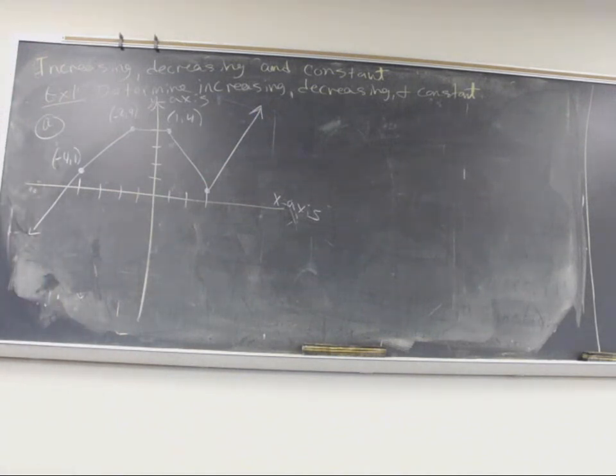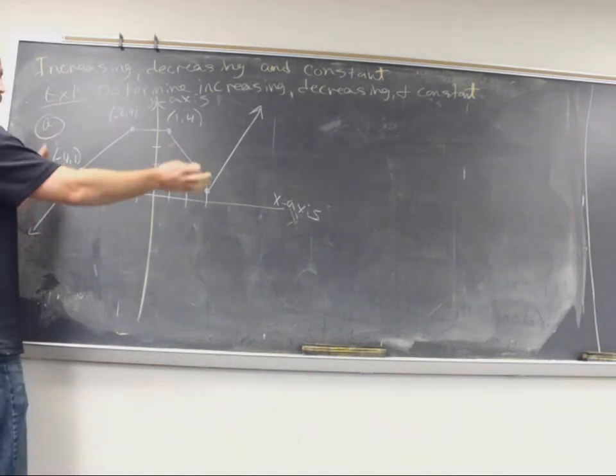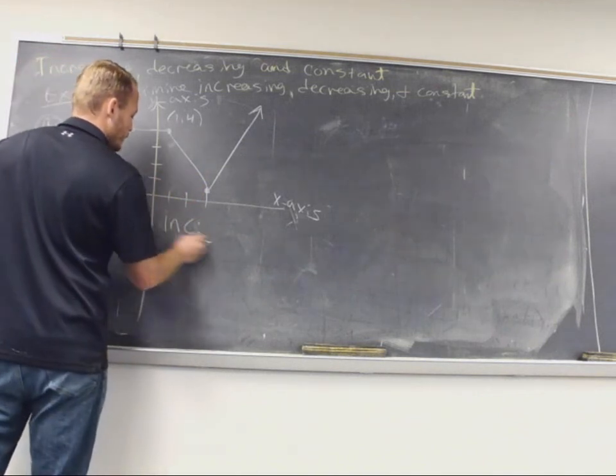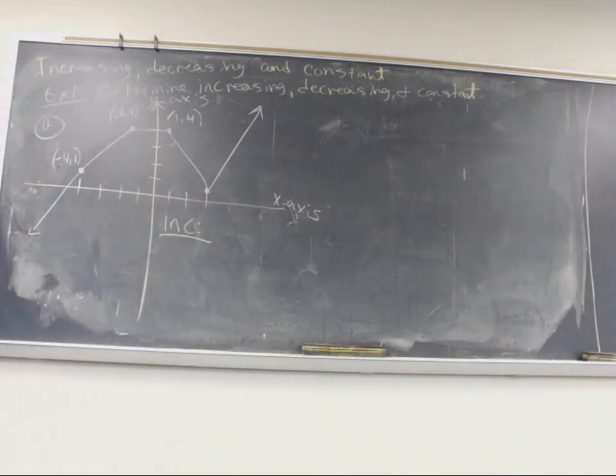All right, so I need to look at this graph, read it left to right, and determine what's increasing, decreasing, or constant. I really don't care how you start. You can start from the furthest left and just go, but I tend to do increasing first. So I'm looking at this left to right, starting over here.